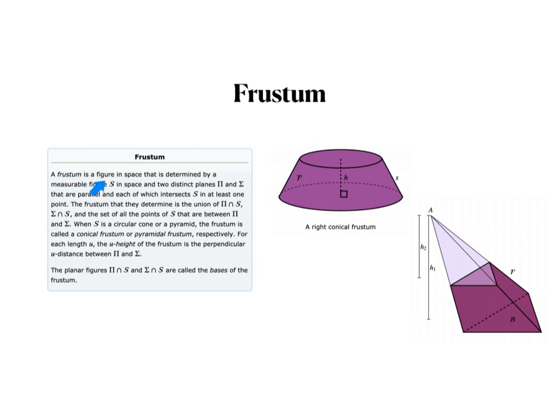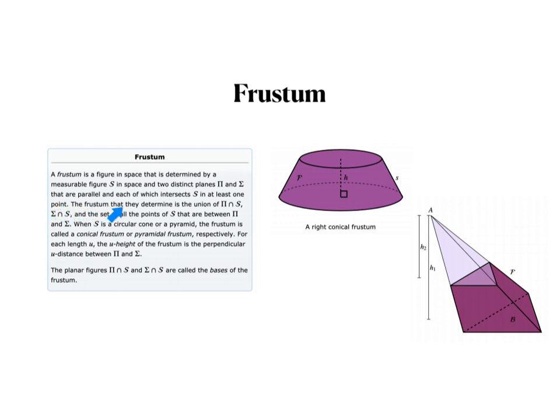So a frustum is a figure in space that is determined by a measurable figure S in space and two distinct planes, pi and sigma, that are parallel, and each of which intersects S in at least one point.